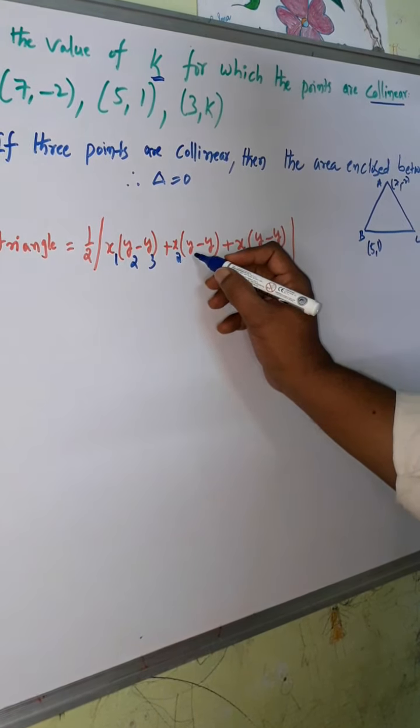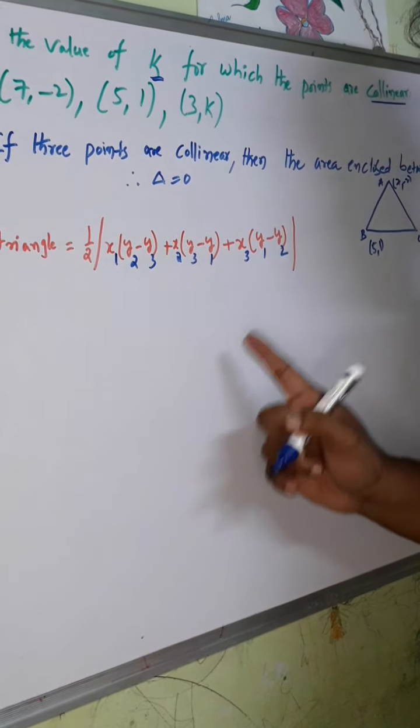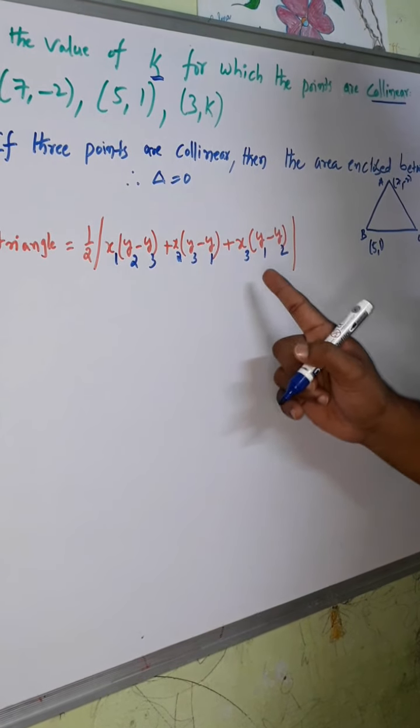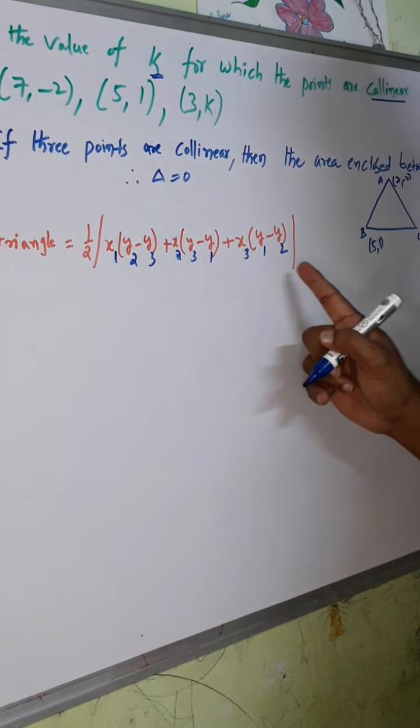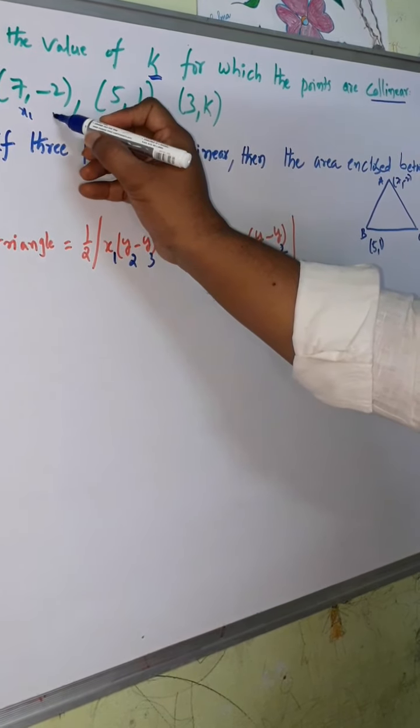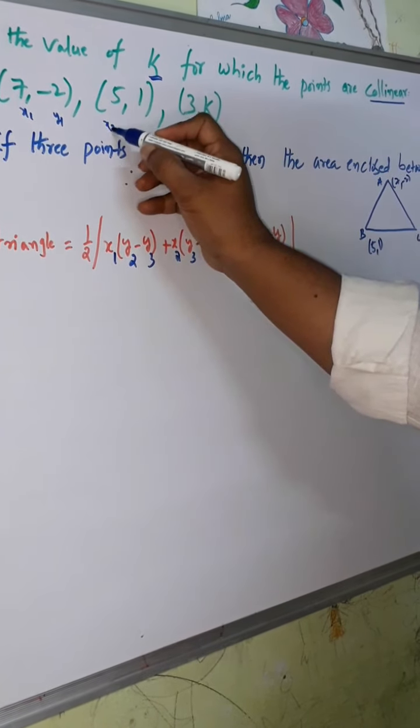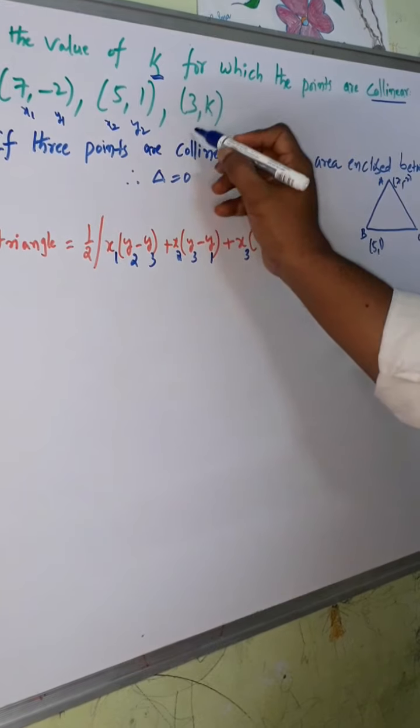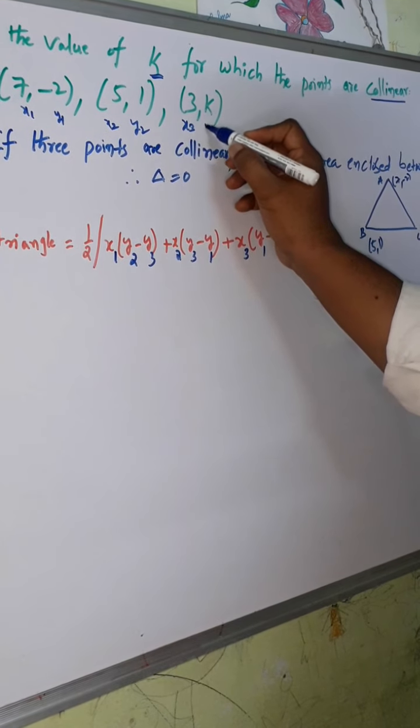Area of triangle is equal to half mod x1 into y2 minus y3 plus x2 into y3 minus y1 plus x3 into y1 minus y2. Here, these are x1, y1, x2, y2, x3, y3.